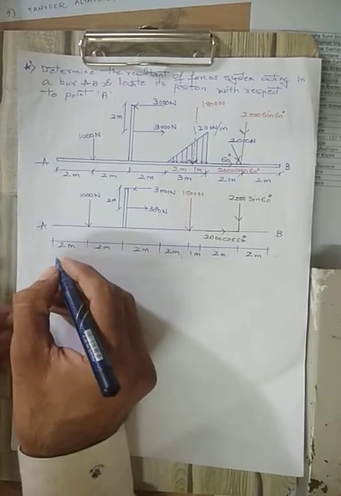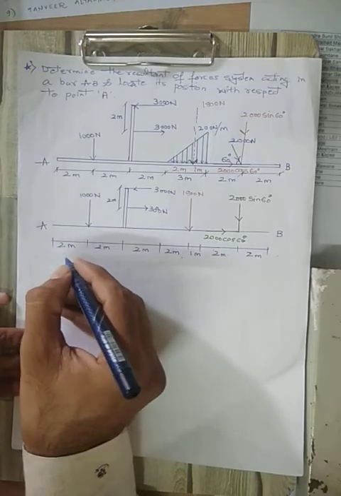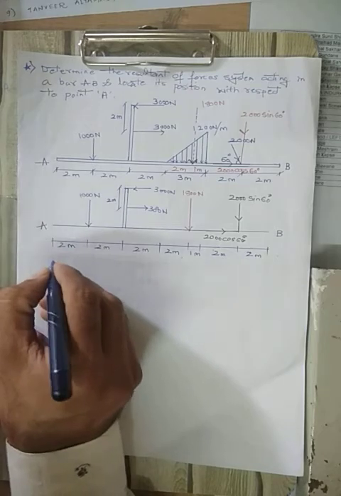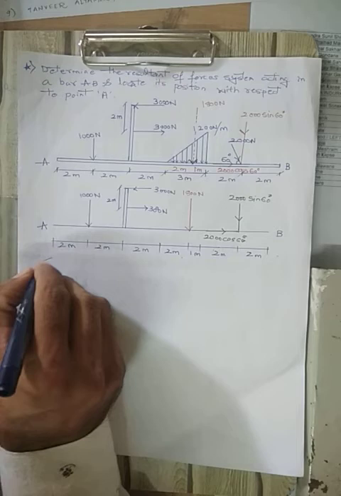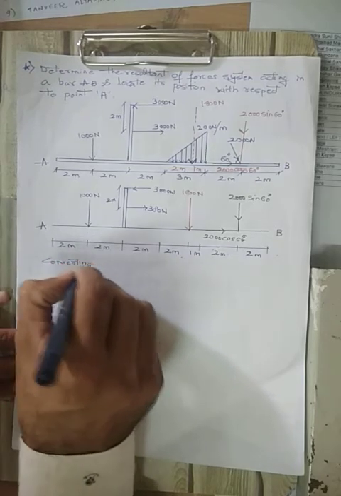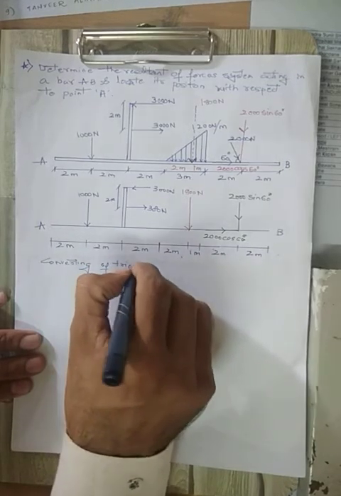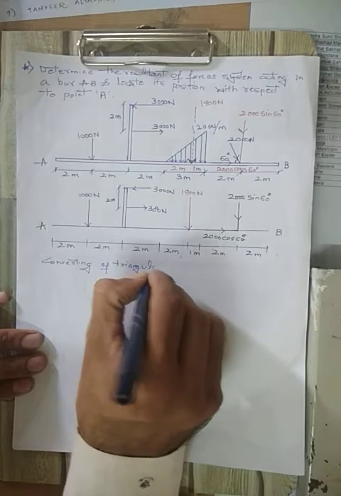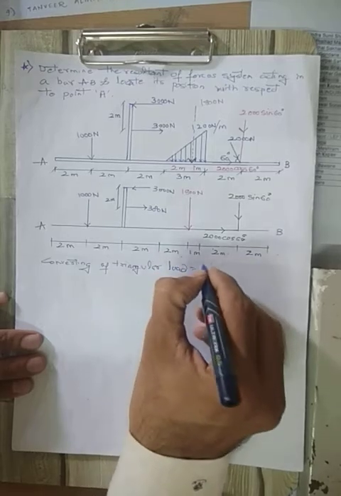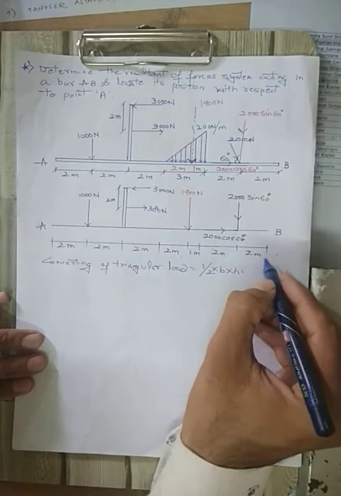I have already shown you how this is converted into a point load. In a fast way, we will write down how to convert this into a single point load. Half into base into height.